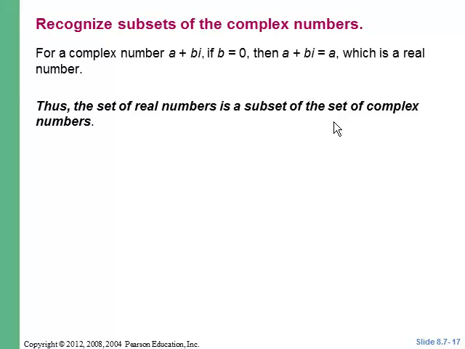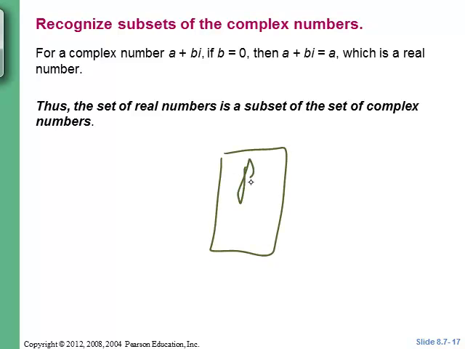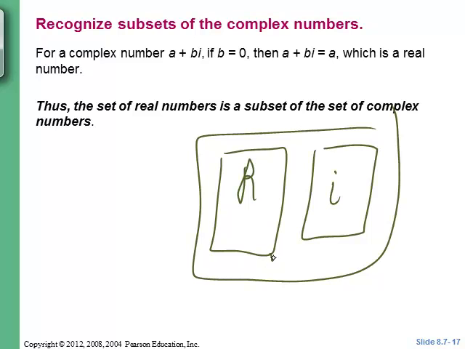So the set of real numbers is a subset of the set of complex numbers. So if you have real numbers here and you have imaginary numbers here, remember, no imaginary number is real and no real number is imaginary. Those two together make the complex numbers, and you can't combine them because they are in separate kingdoms.